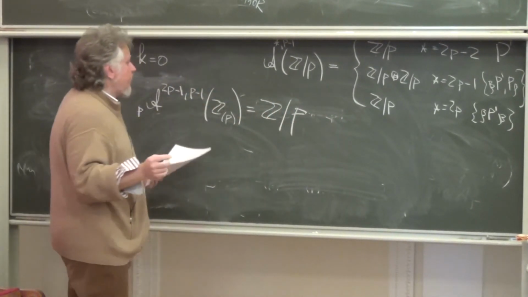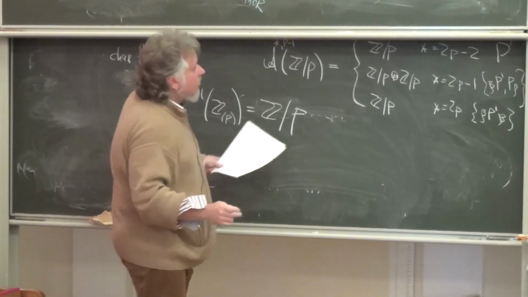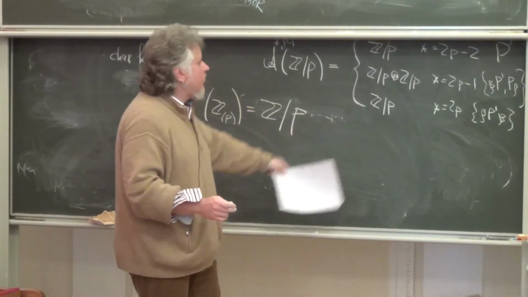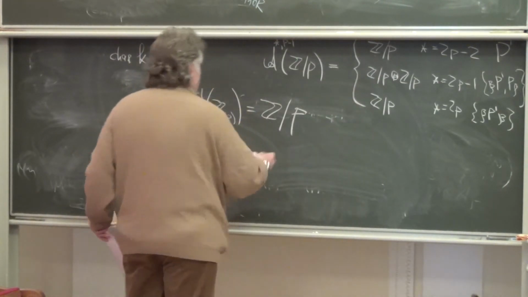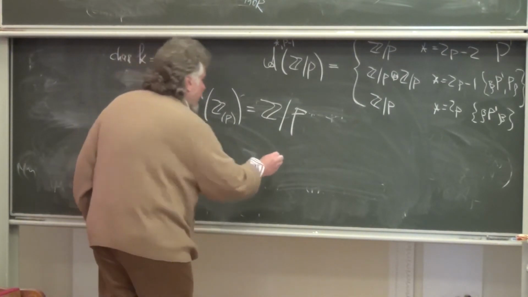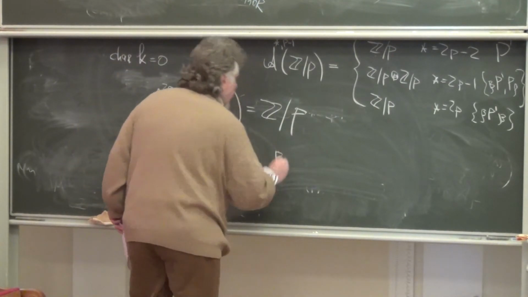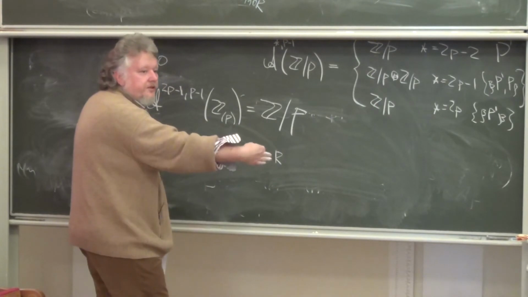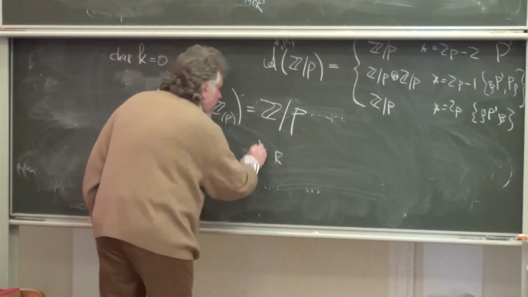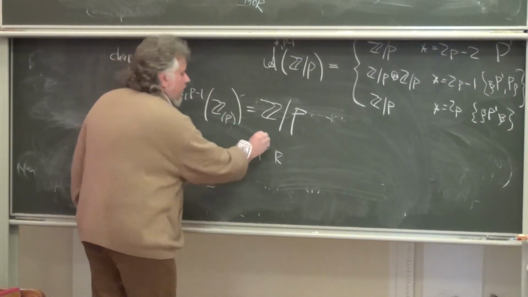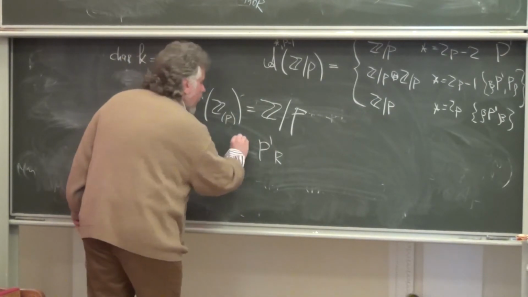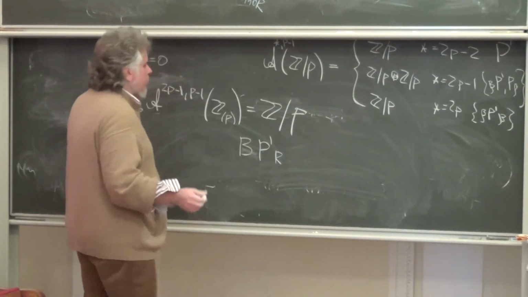So this is Z/p, and the canonical generator, which comes from this computation: we should first take the reduction from p-local coefficients to finite coefficients, then we should take the Steenrod power, and then we should take the Bockstein.